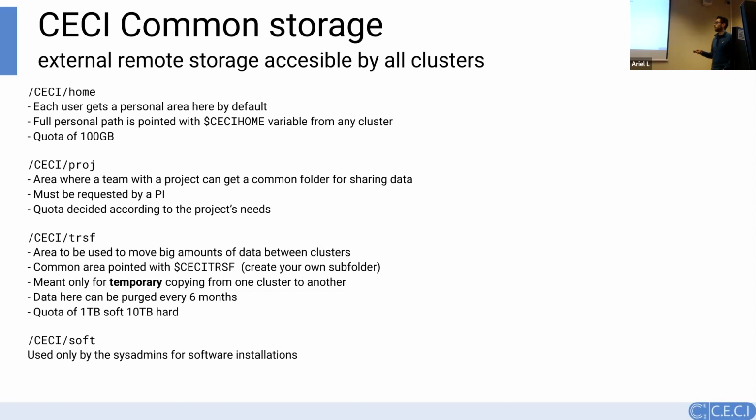But what do soft and hard mean? Up to 1 terabyte you can write on this personal folder of CECI TLSF without any restriction. But if you go over 1 terabyte, let's say that you write 3 terabytes, you can, but then a countdown starts after you go over the 1 terabyte.